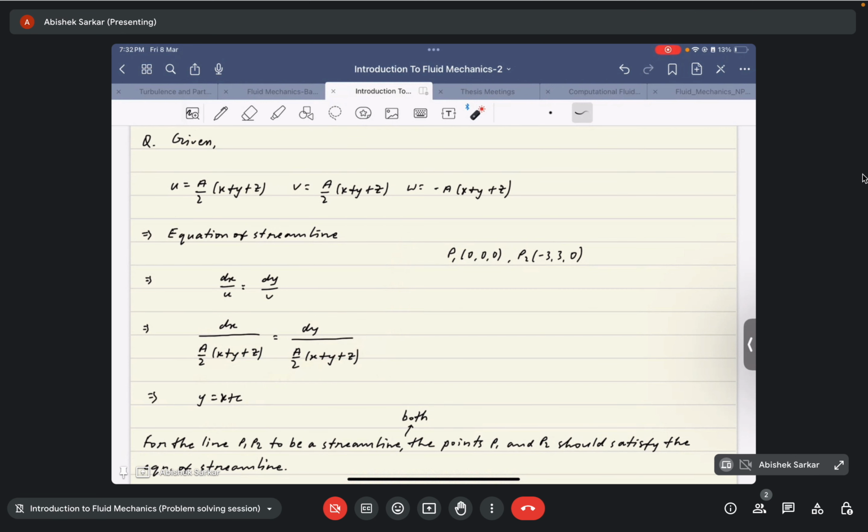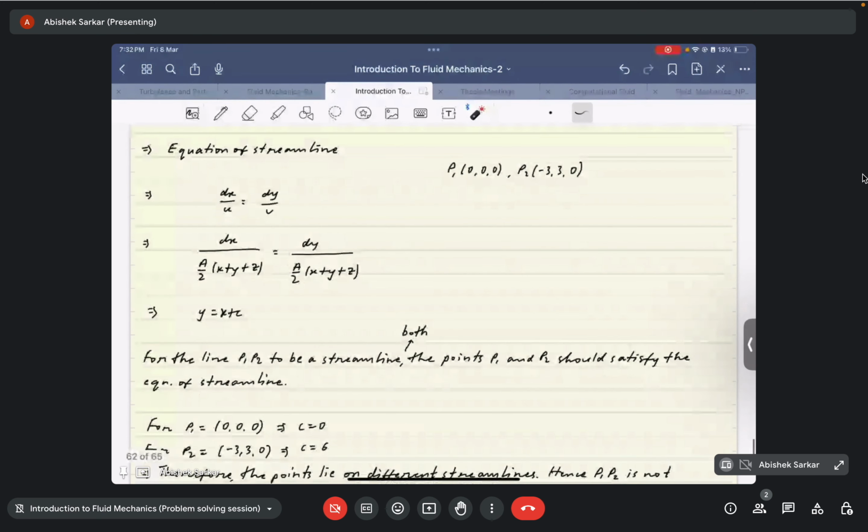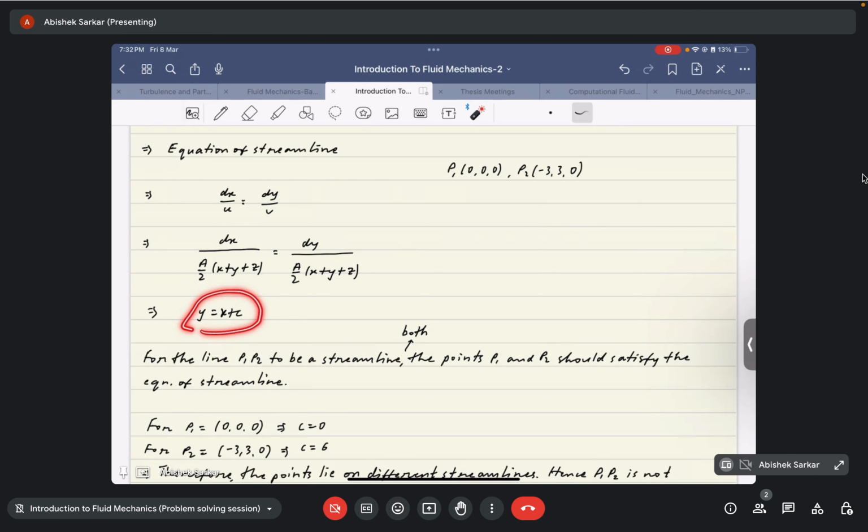So we will basically get y is equal to some x plus some constant. Then for the line P1 P2 to be a streamline, both the points P1 and P2 should satisfy the equation of streamline, right? So just substitute the value of the coordinates in this equation to see whether these coordinates satisfy this equation or not.